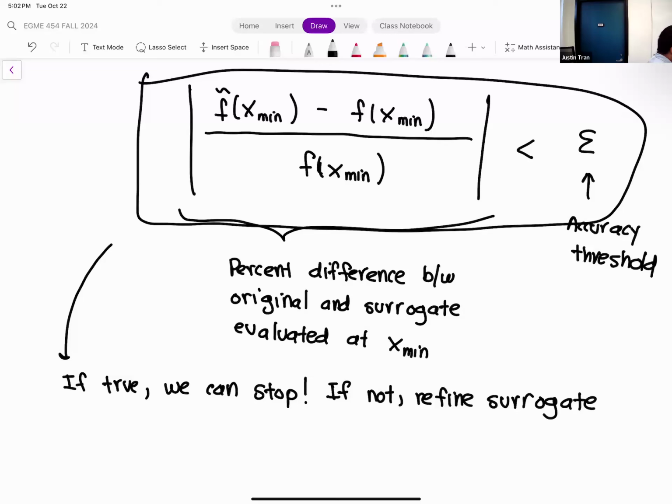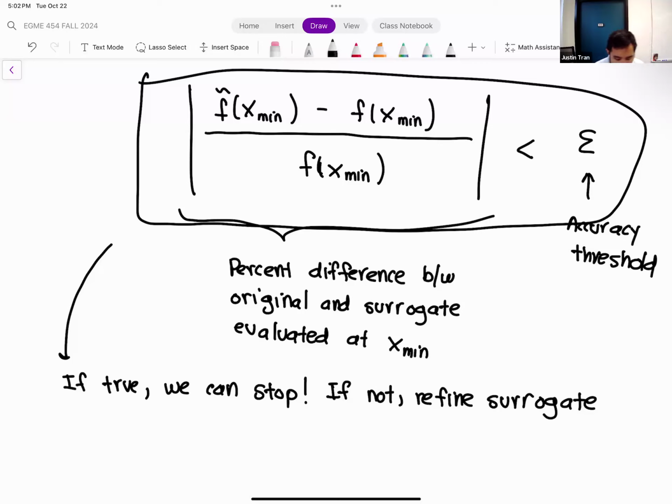The lower you make that threshold, the more accurate your surrogate is going to be, but it's also going to cause more function evaluations. So that threshold is something you can modify based on how much accuracy versus speed you want. Any questions on this?